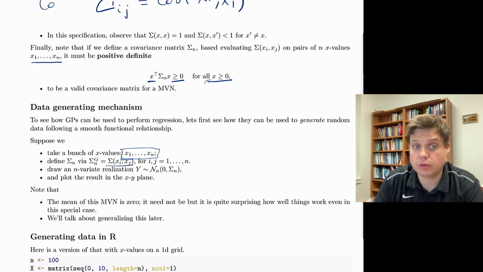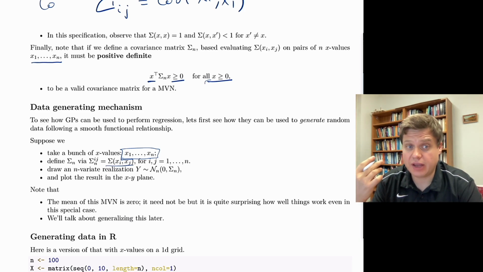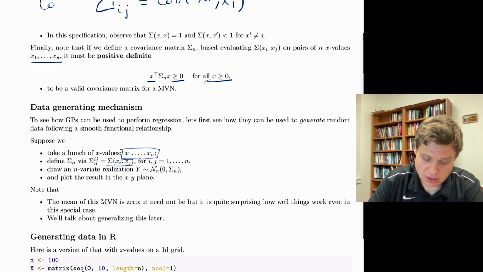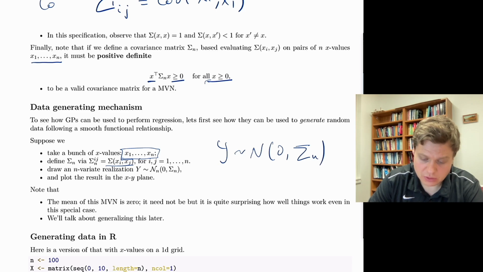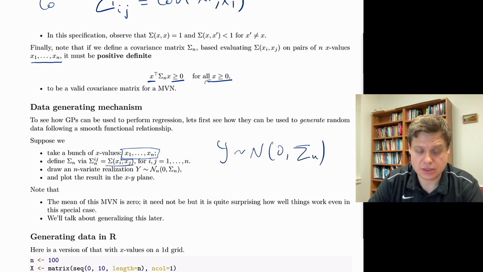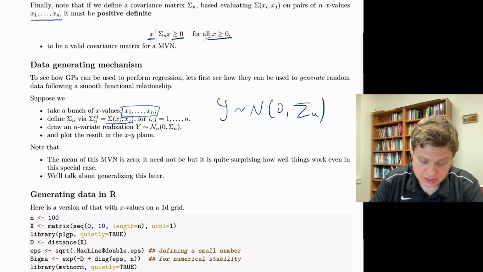And then what we want to do is draw an n-variate realization. So now we have some variable y that follows a normal distribution centered at 0, with the covariance matrix that was calculated from the xi and xj pairs. And let's do that and let's plot it.